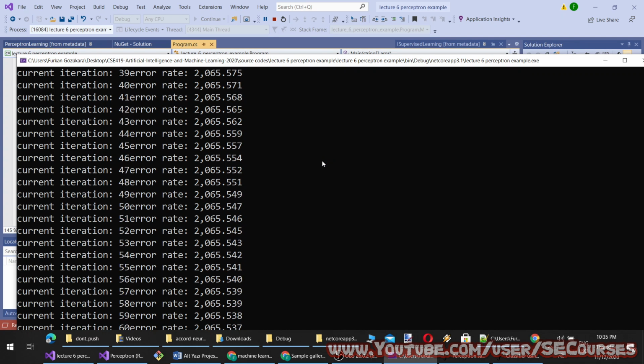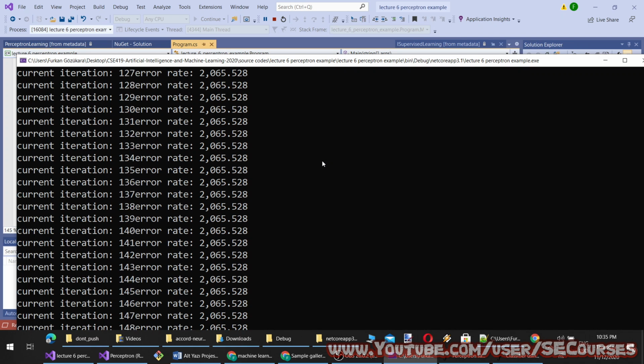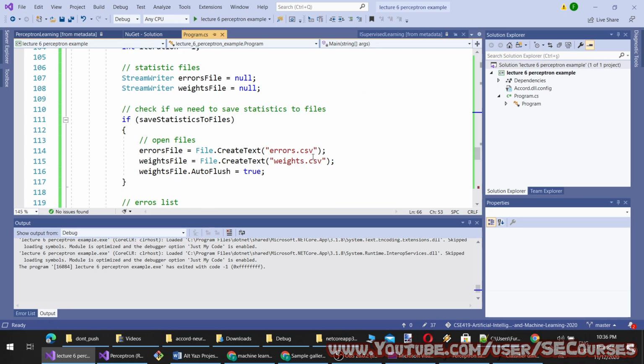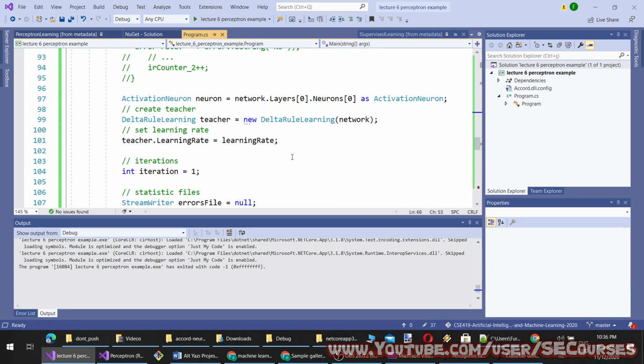Yeah, this time it is working. Error rate is pretty bad and incorrect. Okay, so this was the output.